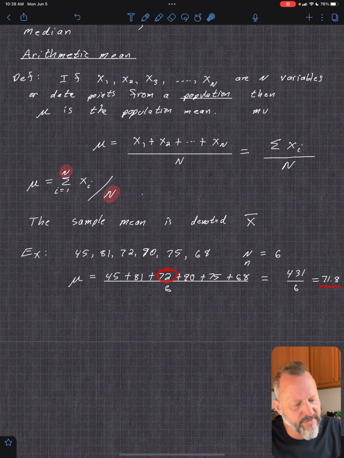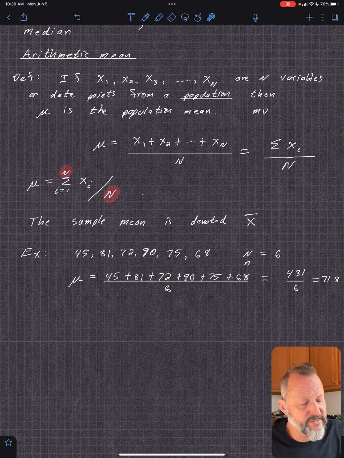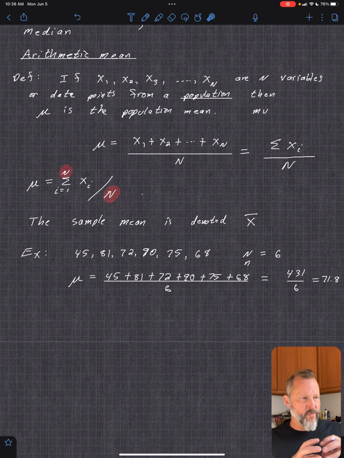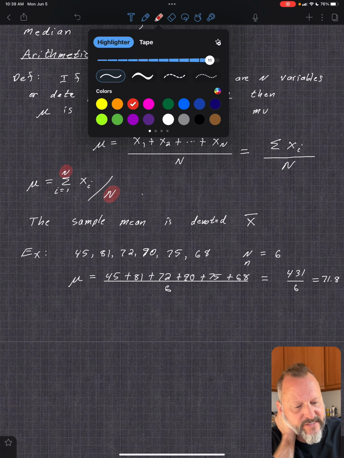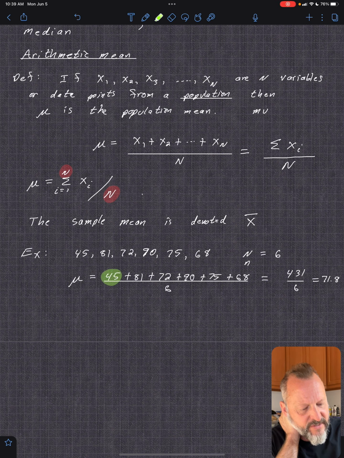Not quite this one, but 1, 2, 3 of the exam scores are higher. So that would be not really an accurate way to describe this data set. It's skewed in some ways, and you see an outlier. So things that are kind of away from the mean, those are called outliers. So which data point is the biggest outlier? Yes, well, obviously it's this 45.